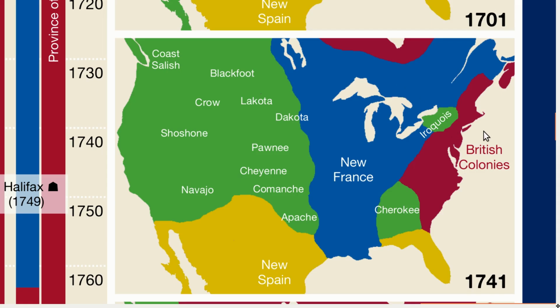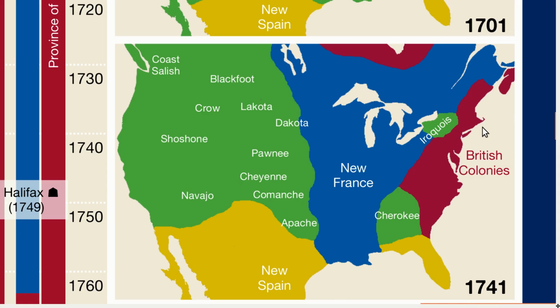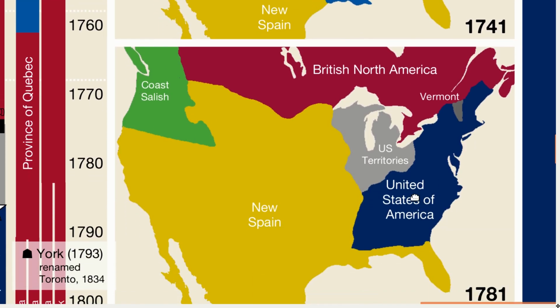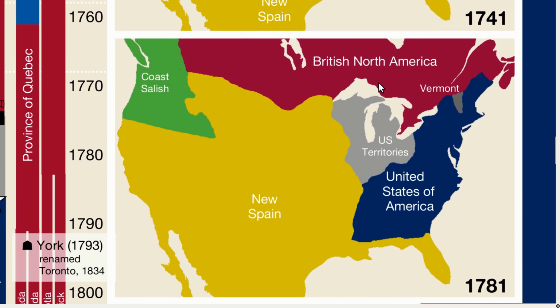So not only did it control the 13 colonies, they also controlled the areas up here that were previously French. Just a decade after that happened, the 13 colonies revolted, declared independence, and fought against the British in the American Revolution. And the Americans won that war, so interestingly, the British were now basically confined to the area that was previously French. And that area became known as British North America.